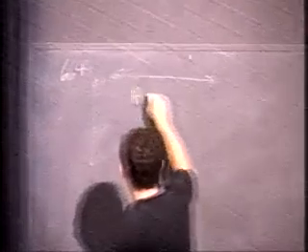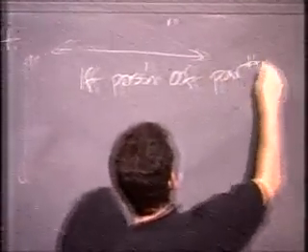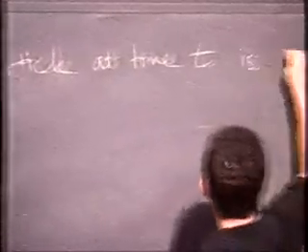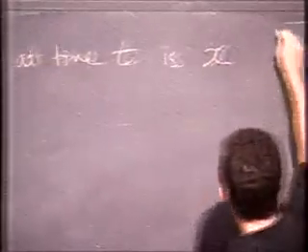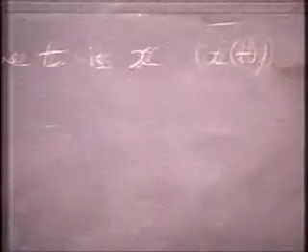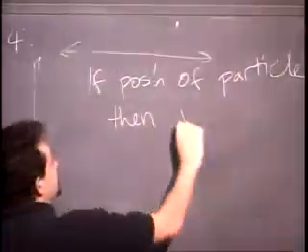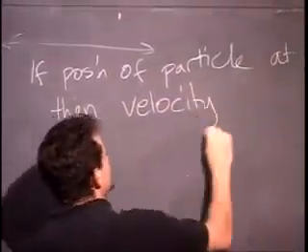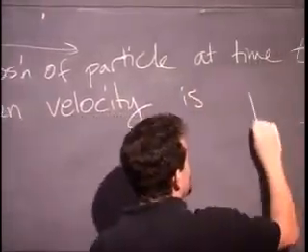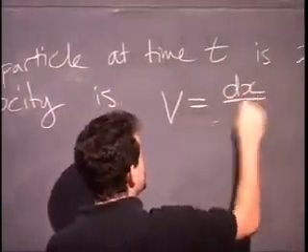So from what I said last time, if the position of some particle, it could be a car or whatever, at time t is x, or actually x of t, if you want to make x a function of t explicitly instead of just assuming that's obvious, then its velocity at the same time is given by v equals dx/dt.